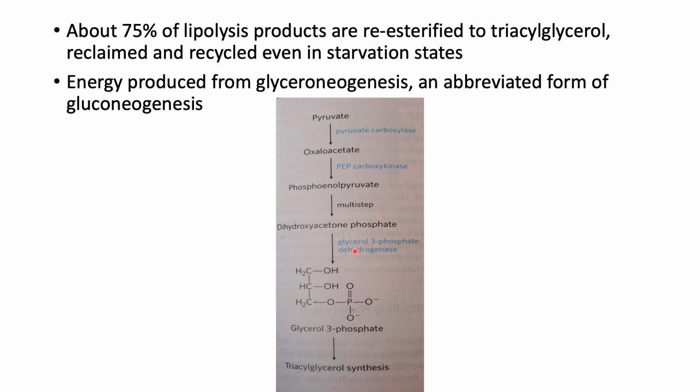Another enzyme, glycerol 3-phosphate dehydrogenase, then produces glycerol 3-phosphate, and using the esterification of these hydroxyl moieties and the phosphate, here you can get triacylglycerol synthesis, where this is the backbone structure and the fatty chains are attached to these 3 carbon moieties.